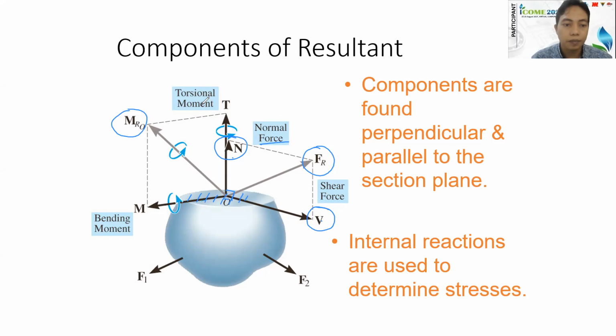And for bending moment, it bends the component, just like the beam. The torsional moment, for example, is for a shaft, which is rotating. And bending moment is for a beam, which has an applied load, something like this.